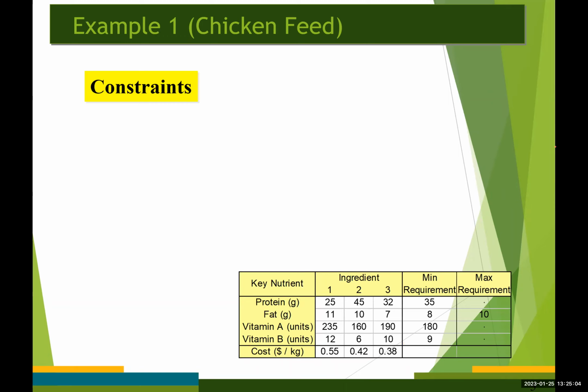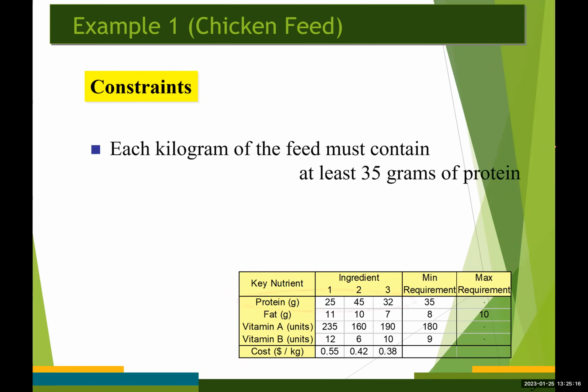Now we need to consider the constraints, right? And the first constraint is about the protein requirement, right? So each kilogram of the feed must contain at least 35 grams of protein.